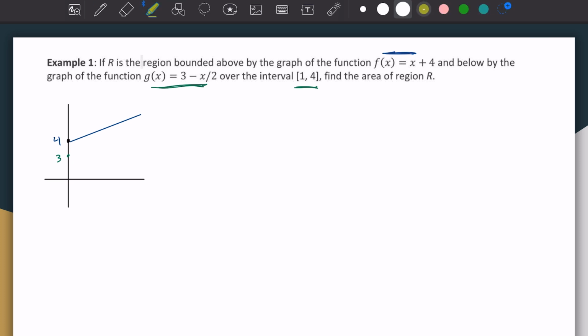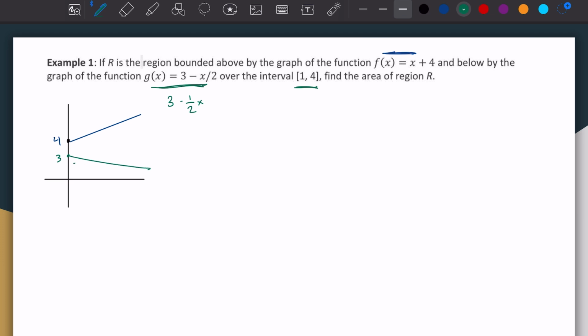And then, of course, it's also going to be 3 minus just 1/2 of x, just kind of a line like that.